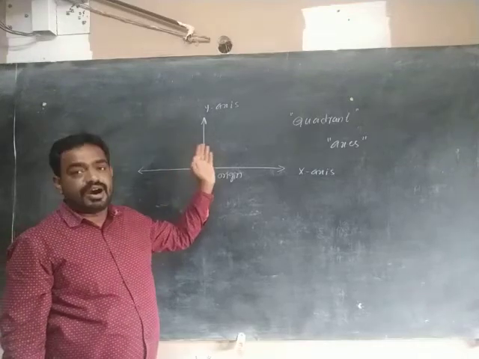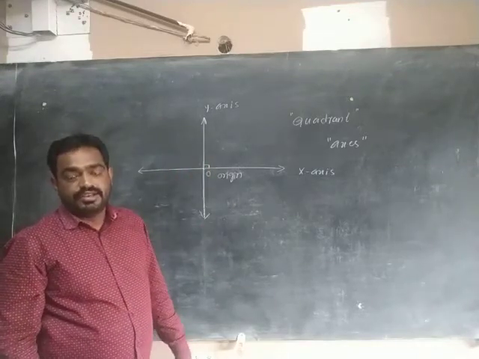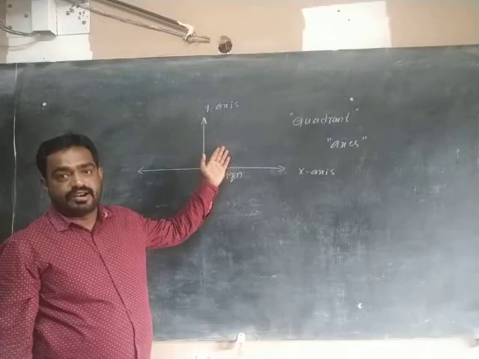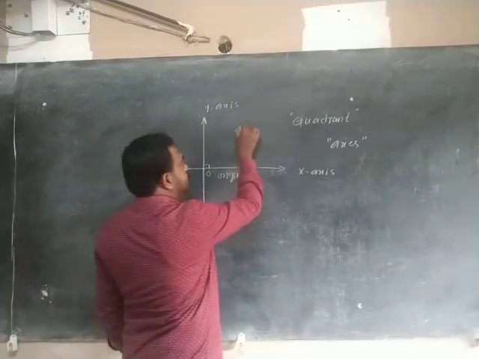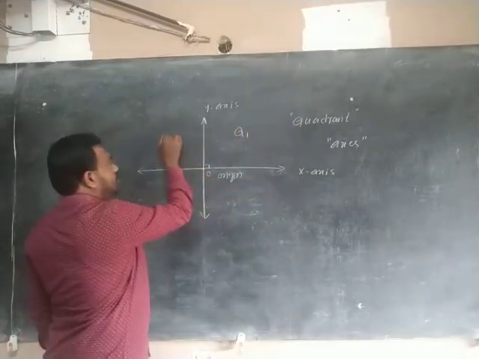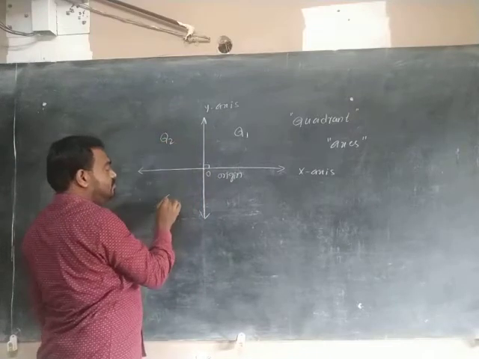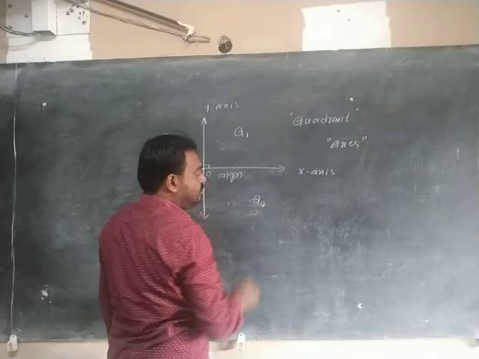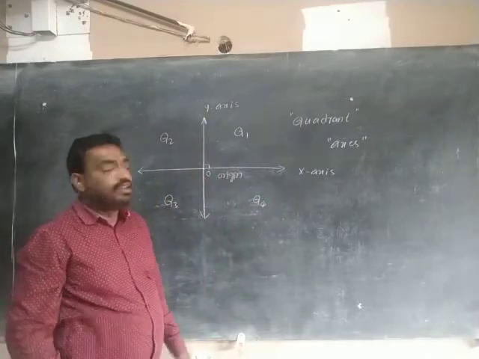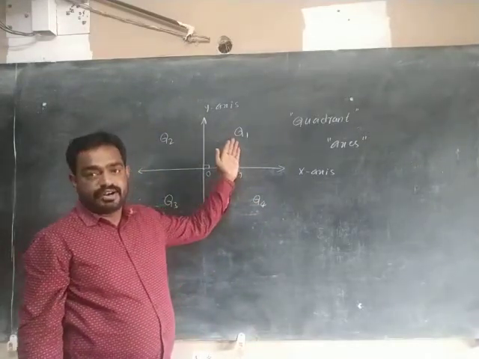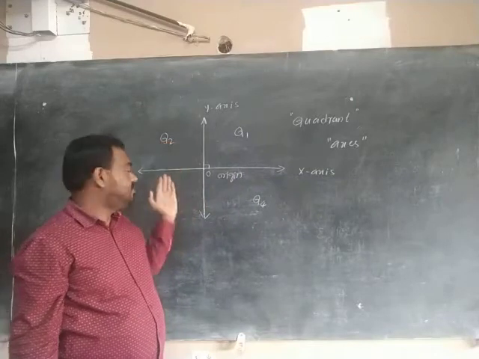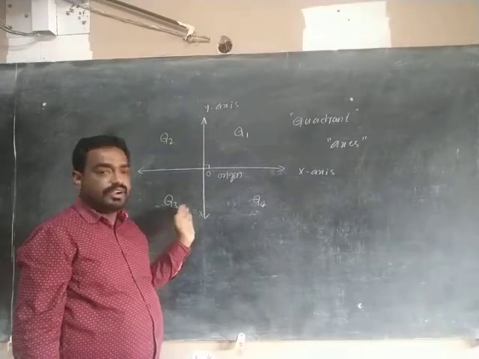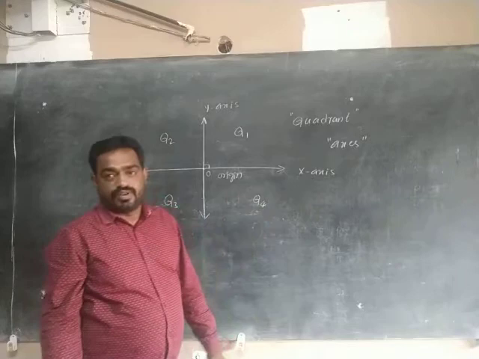Then each part is called quadrant. Namely, first quadrant Q1, second quadrant Q2, third quadrant Q3, fourth quadrant Q4. This is the first quadrant, this is the second quadrant, this is the third quadrant, this is the fourth quadrant.